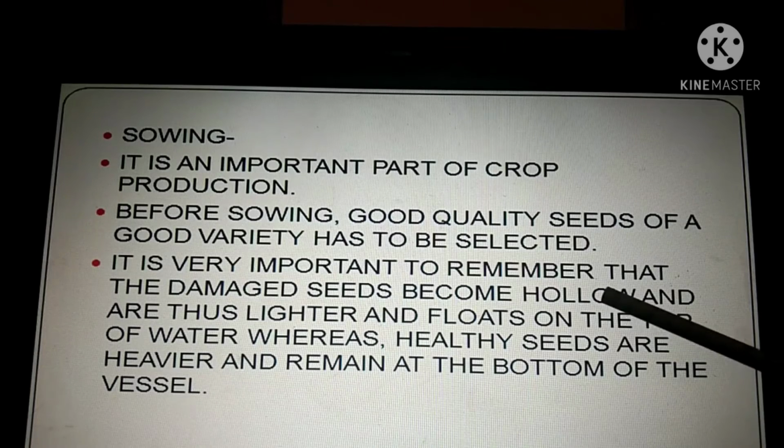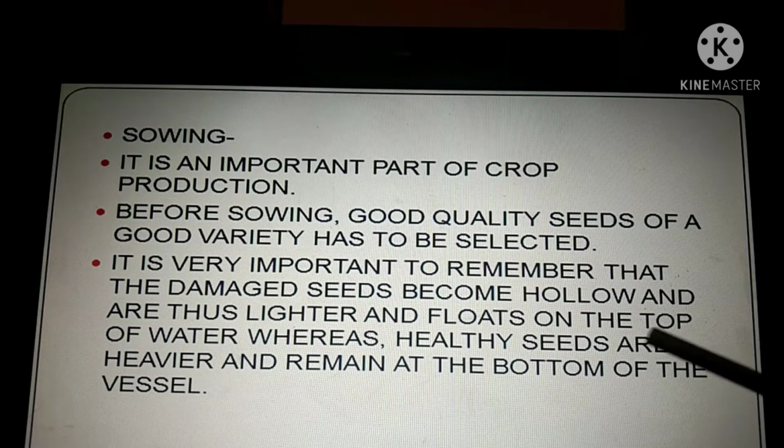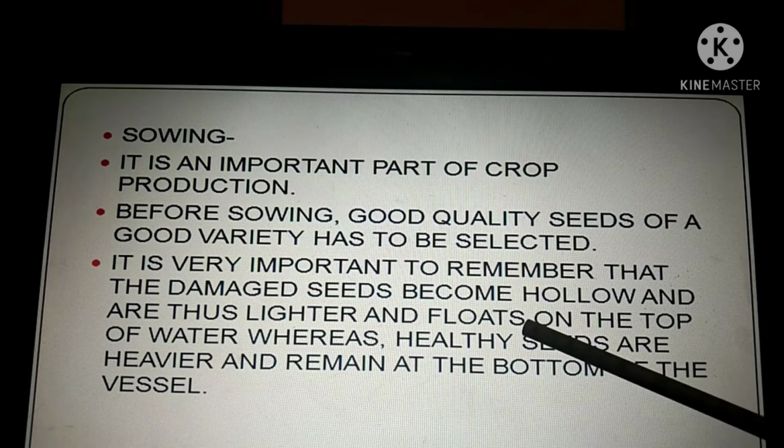Something which is hollow is lighter, so it will float at the top, and healthy seeds are heavier and remain at the bottom of the vessel. Whatever remains at the bottom you can use for sowing, but whatever floats on the top you don't use, because these are damaged seeds. A question can come, how will you test whether the following seeds are healthy or damaged? So you have to write this. I think it is clear to you.